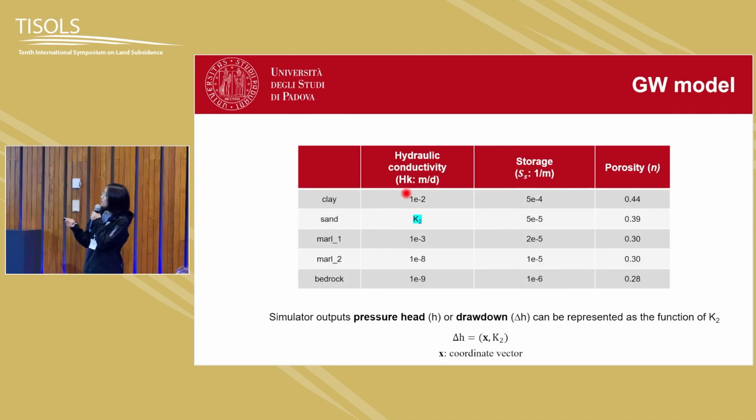So within our groundwater flow model, the only variable is the conductivity of sand. Other parameters are deterministic, so the drawdown can be represented as a function of conductivity. Here we use the drawdown as the output rather than the pressure head because drawdown is less affected by the initial head.